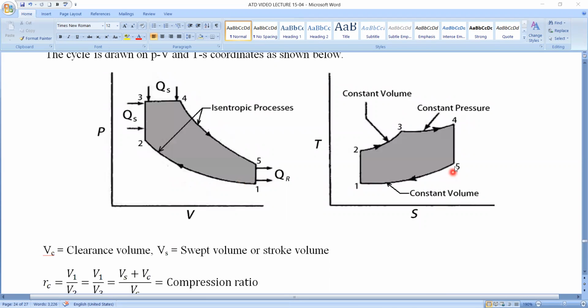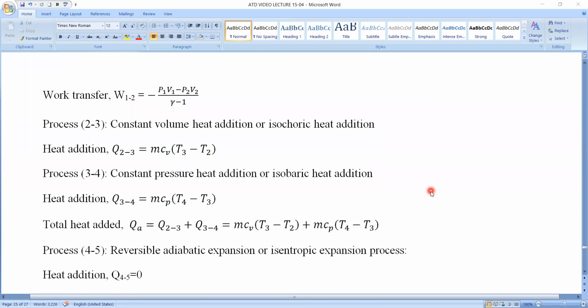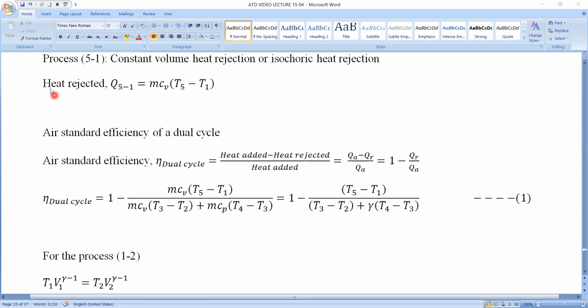Now what about the temperature difference? Observe the TS diagram. 5 to 1 is a heat rejection process, so T5 is more than T1. So take T5 first, next T1. To avoid any confusion, just follow this procedure. So heat rejection Q5 to 1 is equal to mCv into T5 minus T1.